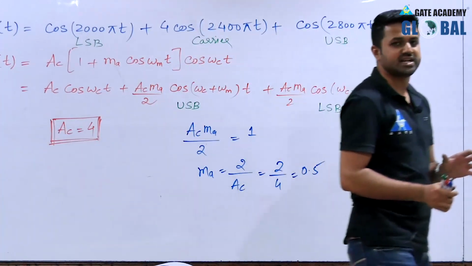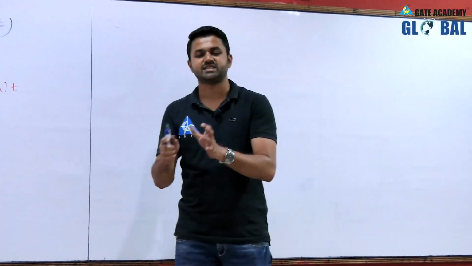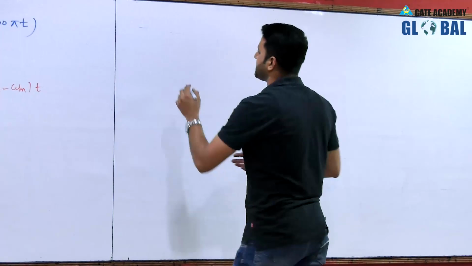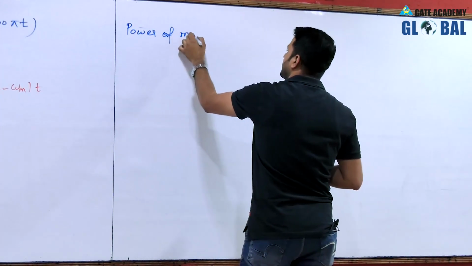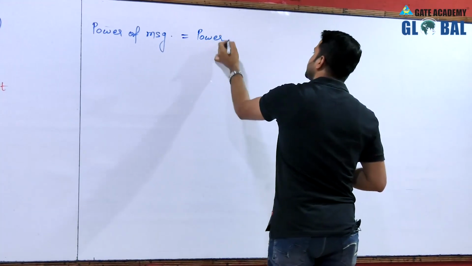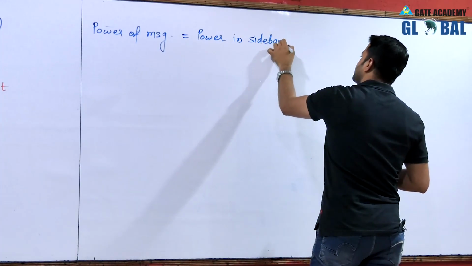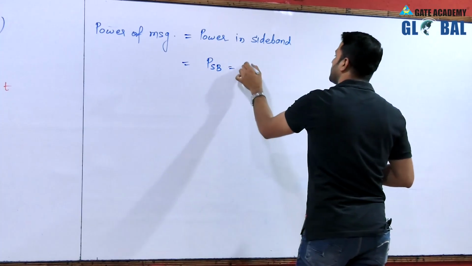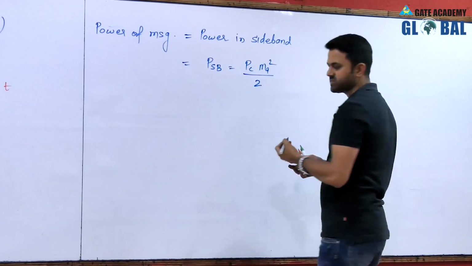Whenever the power of message signal in case of AM is asked, it is actually asking for the power in sideband, because the message lies in the sideband.